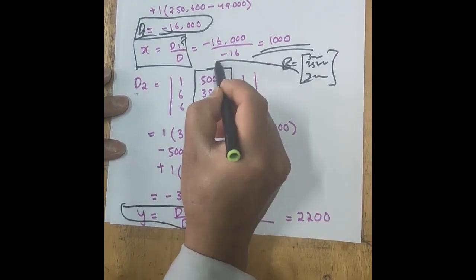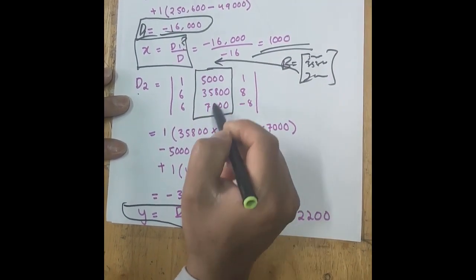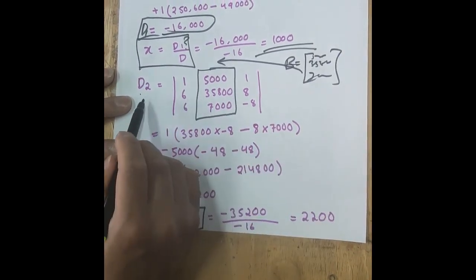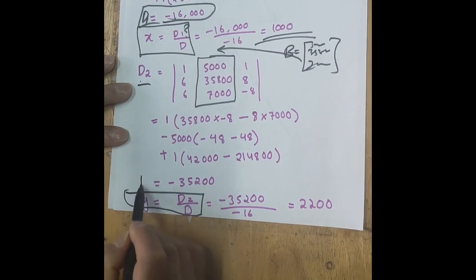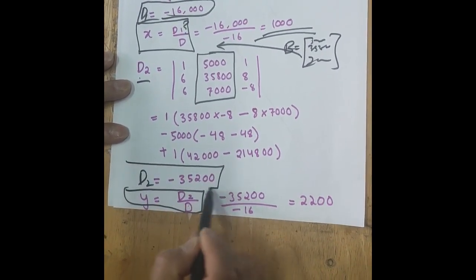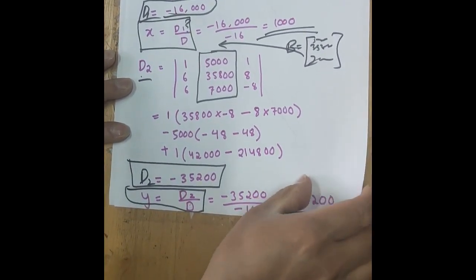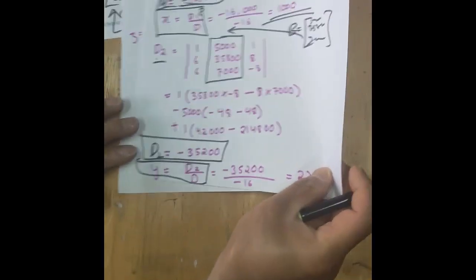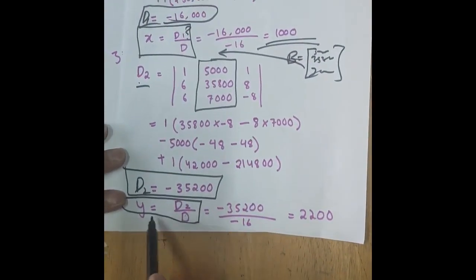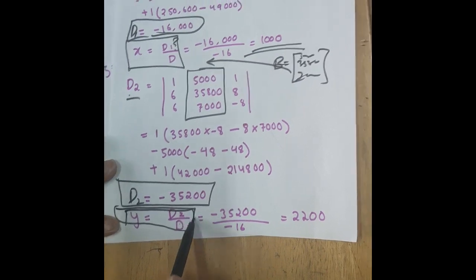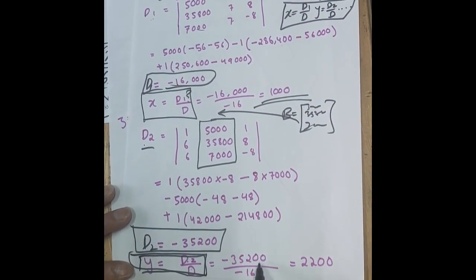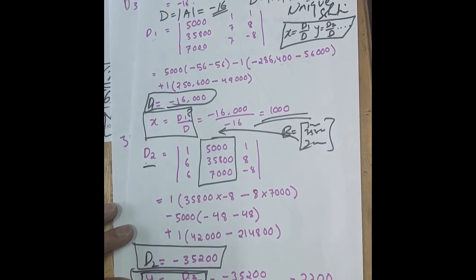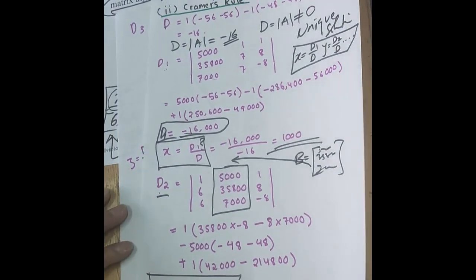If you put these values into the second column of the coefficient matrix and find the determinant of this matrix, you will get the value of d2, which is the determinant after changing the values for the second column. Therefore you can find the value of y using the formula d2 divided by d, which is equal to 35,200 divided by negative 16, which is equal to 2,200.